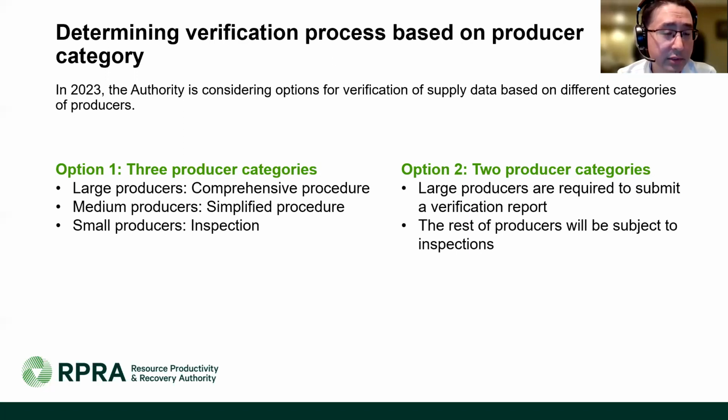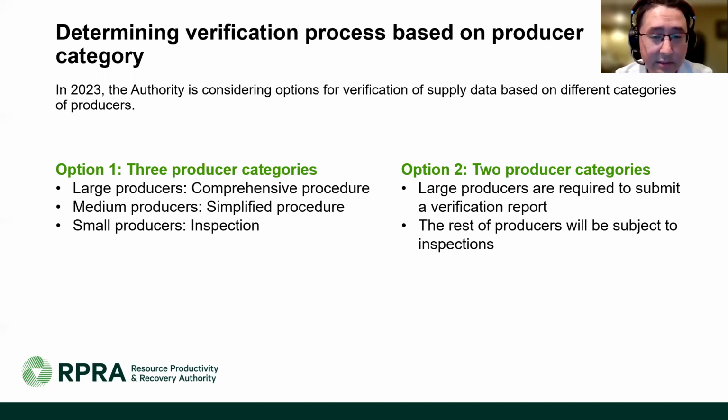A large producer has to undergo a comprehensive verification procedure, a medium producer, the qualified person will take on a simplified procedure, and a small producer will not be required to submit a verification report, but our PRA will carry out our own inspection.